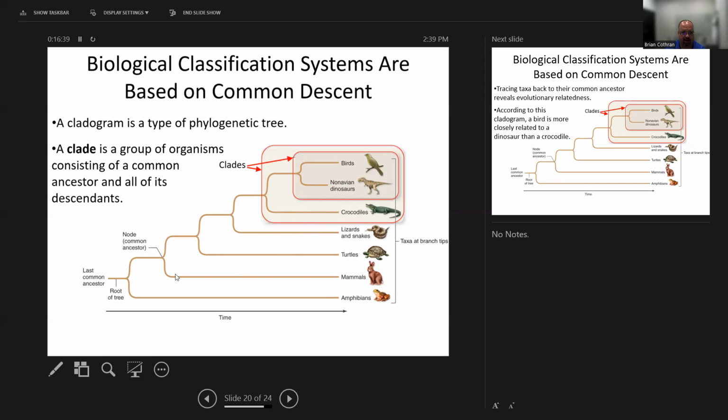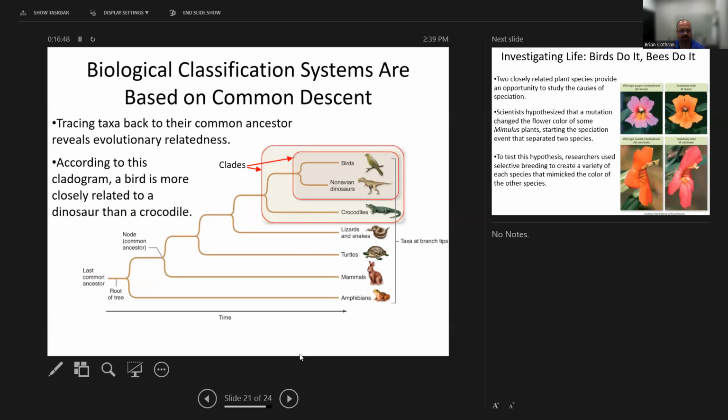And then you move away from there, you get way down here where they have the last common ancestor. Tracing the taxa back to their common ancestor reveals evolutionary relatedness. And according to this cladogram, again, a bird is more closely related to a dinosaur than it is even a crocodile. So again, strength of relationships is based upon genetic similarities, DNA, protein structures, things like that.